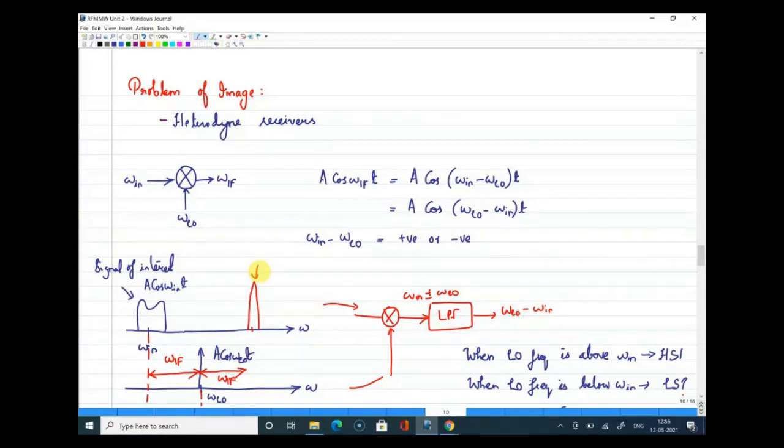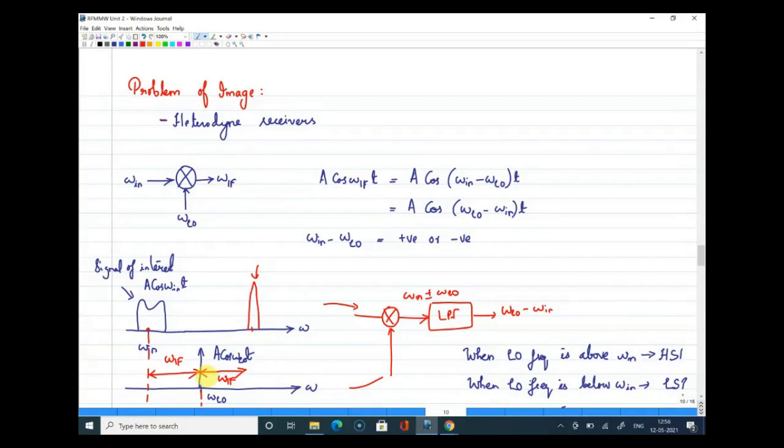Now your desired signal is at ω_in, and you are injecting a local oscillator through the mixer, and now the mixing operation is going to happen. So we have introduced a local oscillator frequency at a particular frequency away from ω_in, and that is nothing but your intermediate frequency ω_IF. So when mixing happens, the difference between ω_LO and ω_in is your ω_IF.